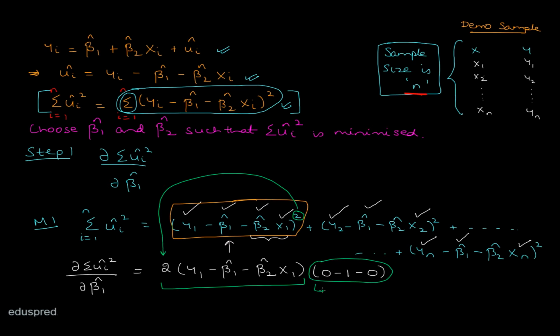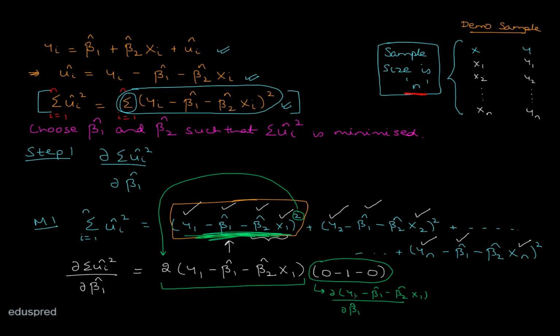We get this term because we partially differentiate the term that was inside the bracket, that is y1 minus beta 1 hat minus beta 2 hat x1, with respect to beta 1 hat. So this 0 minus 1 minus 0 that I have written is actually the partial differentiation of the term that was inside the bracket, with respect to beta 1 hat.